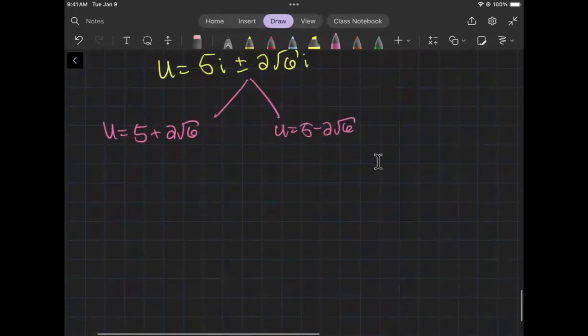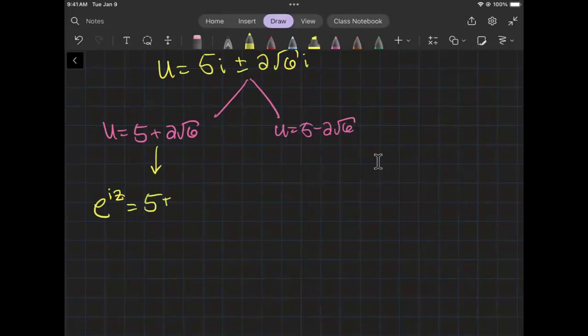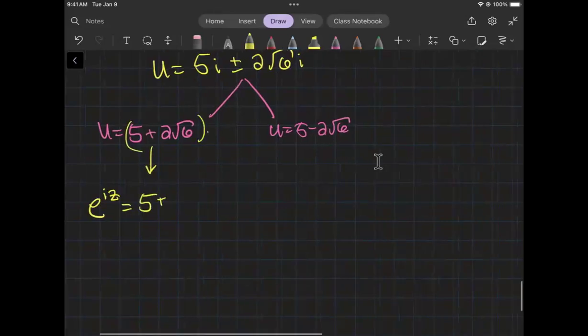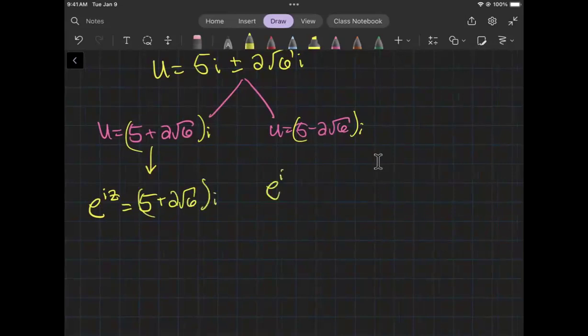All right. But we need to solve for z, right? u is e to the iz. So this means e to the iz equals 5 plus 2 root 6 times i, and then e to the iz also equals 5 minus 2 root 6 times i.